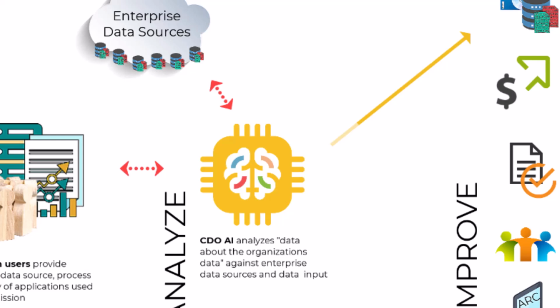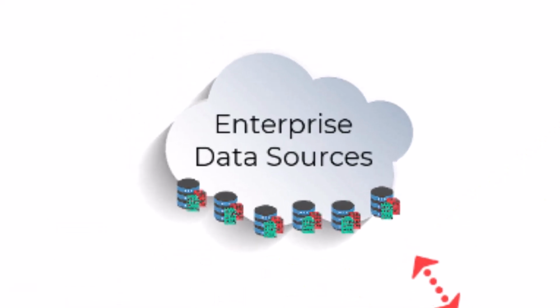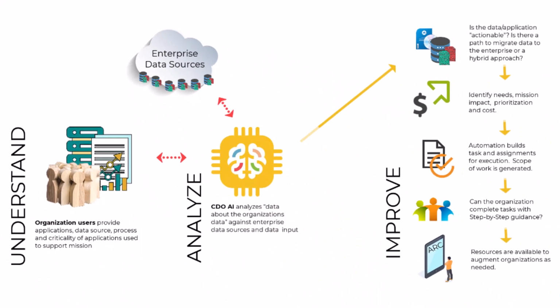In most environments, they have enterprise data sources as well. So for example, in the government, in the Air Force, they have 6 primary data systems, and they call them the Big Six.